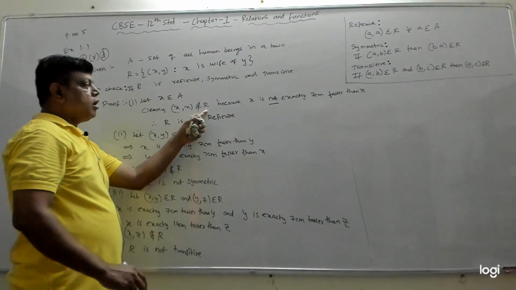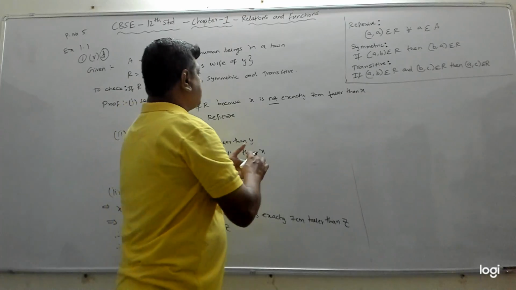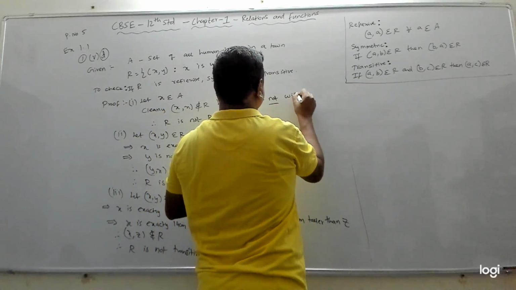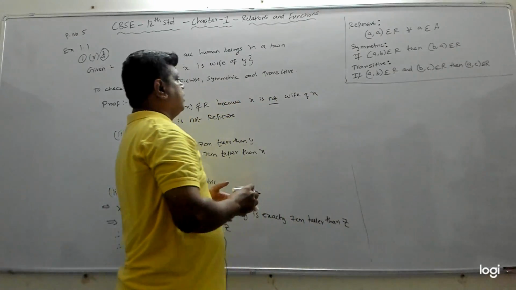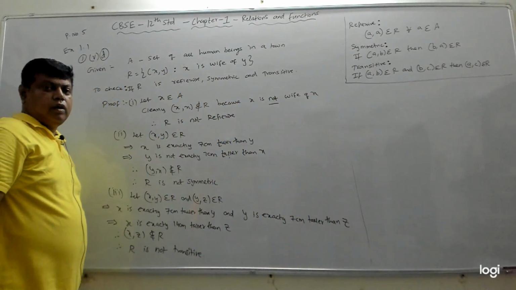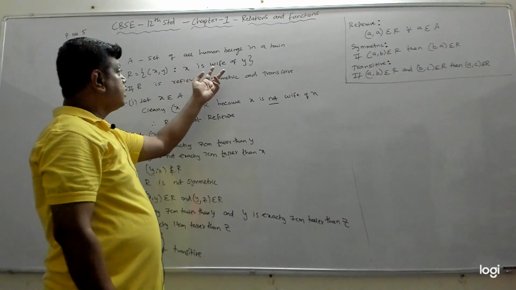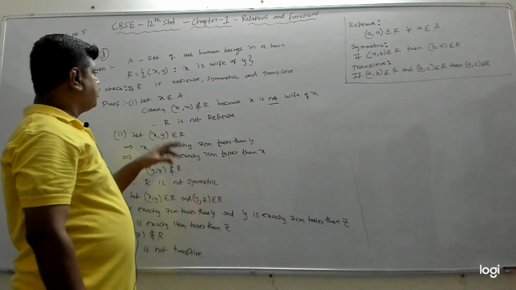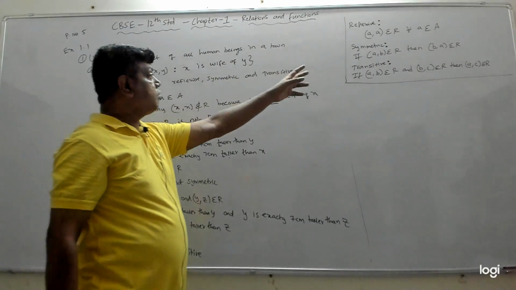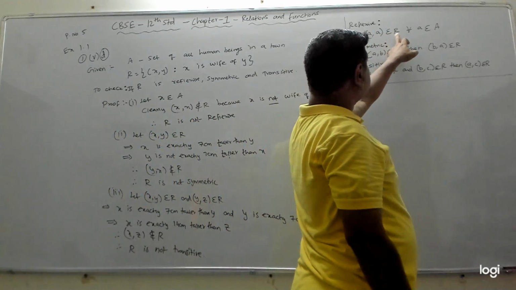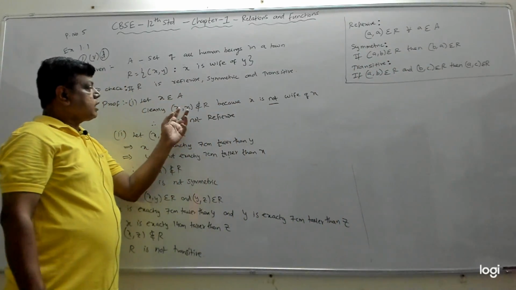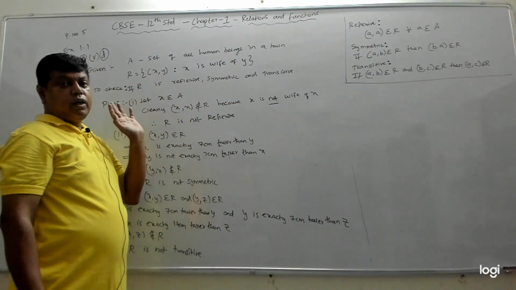Clearly X comma X will not belong to R because X is not wife of X. X cannot be wife of himself or herself, right? But here for reflexive, what we need to have is A comma A belongs to R for any A we take from A. So if I take an X from A, if X comma X belongs to R, then we call R reflexive.